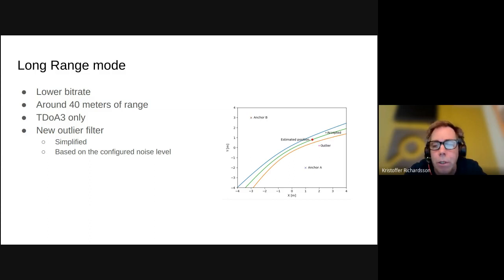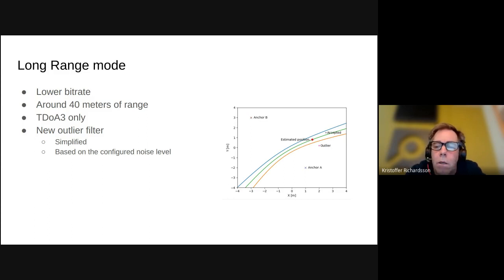The default values are usually good. But these are also used now to configure the outlier filter. So it becomes a little bit more forgiving if the system is noisy, and a little bit more strict if the system is less noisy. The basic idea of this outlier filter is pretty much that we accept measurements that are close to where we think we are, and measurements that seem to be far away are discarded.